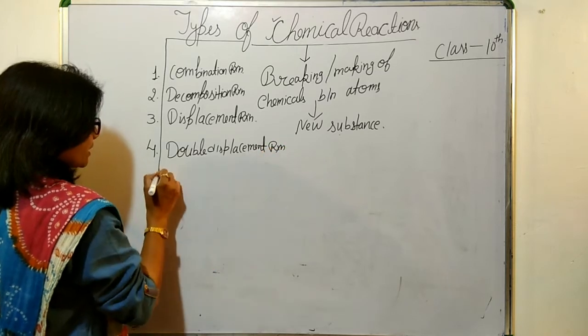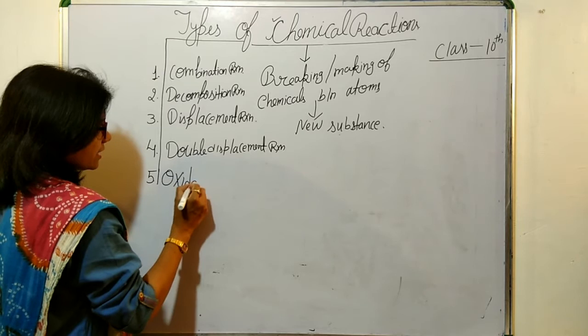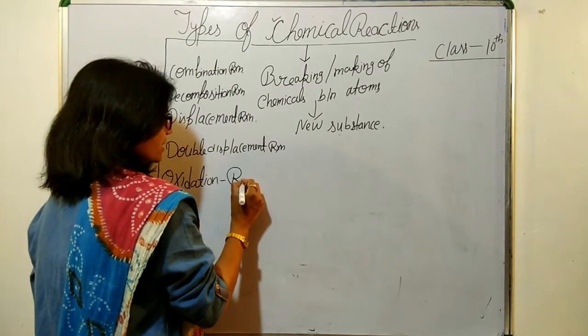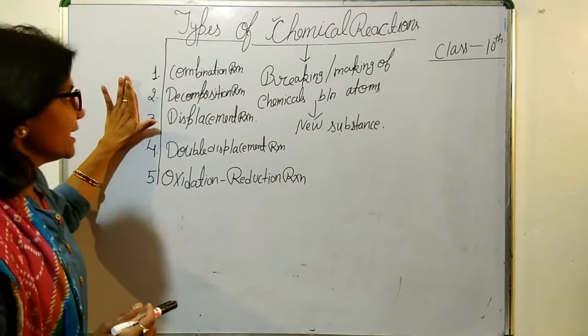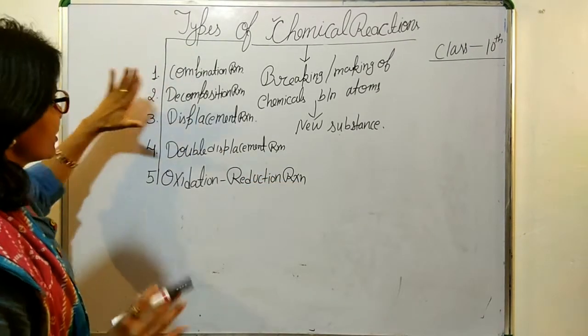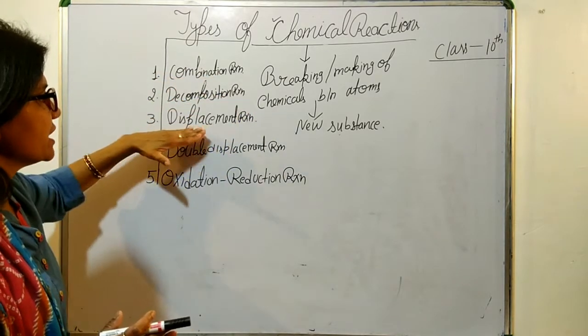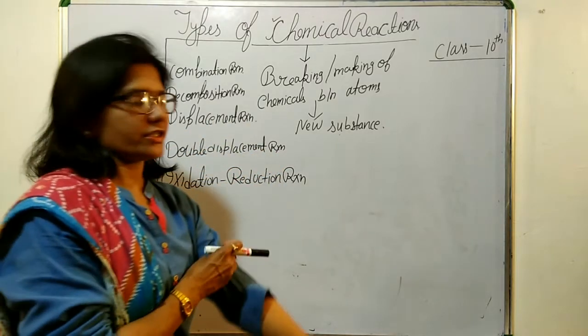Then fifth, it is oxidation reduction. So these are our 5 chemical reactions: combination, decomposition, displacement, double displacement, and oxidation reduction reaction.